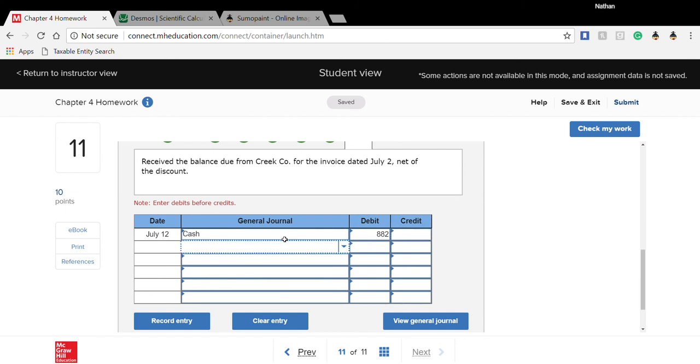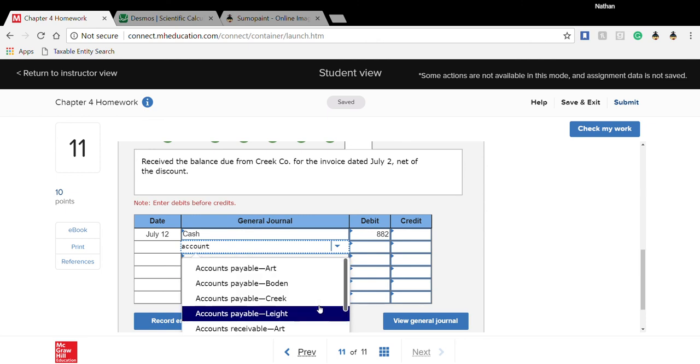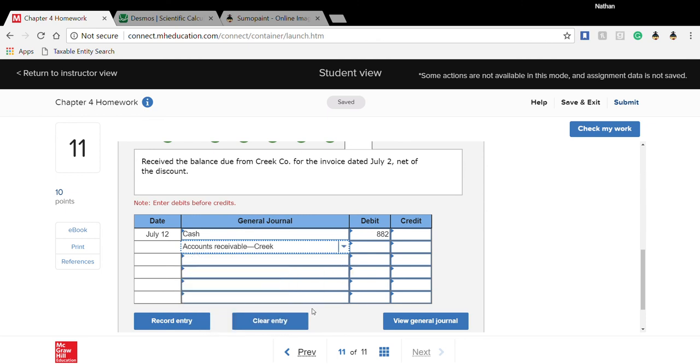They no longer owe us, so their accounts receivable has to go down. They paid off their bill to us. But is it going to be for 882? That can't work. Can't be for 882.